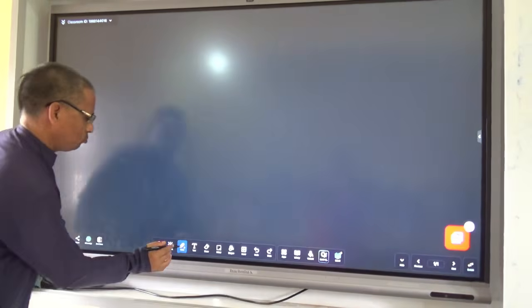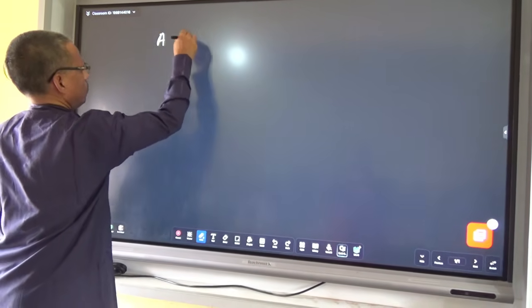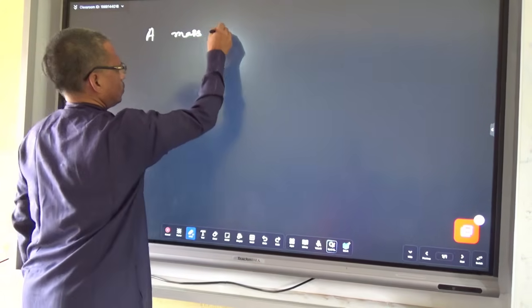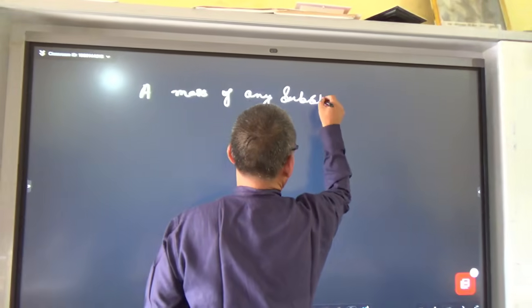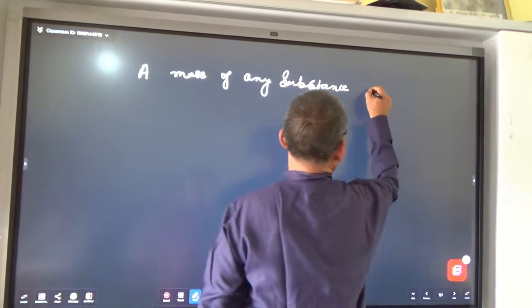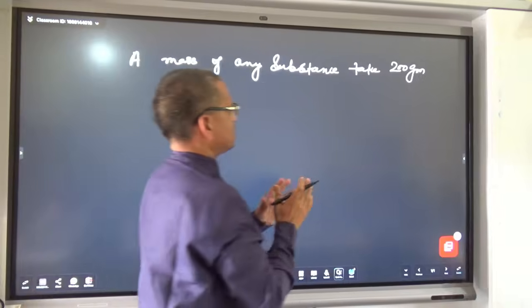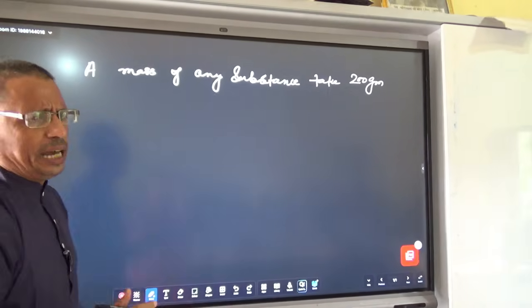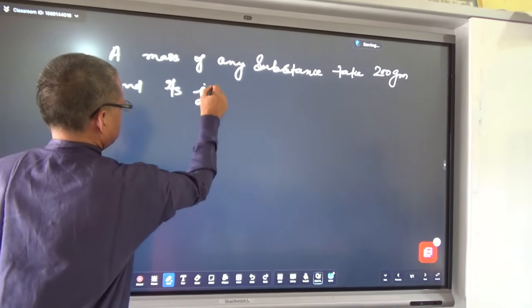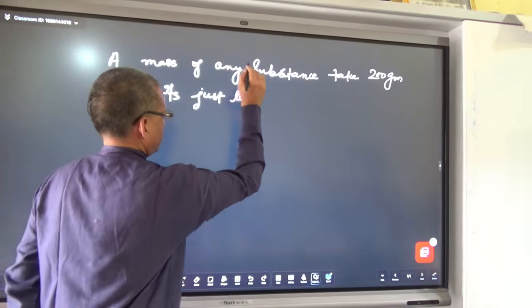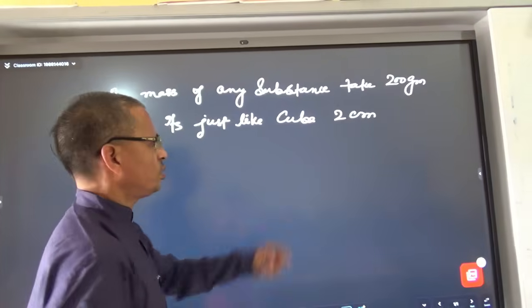Suppose a substance has a mass of 200 grams and it is a cube of 2 centimeters. Okay? A cube of 2 centimeters, right?